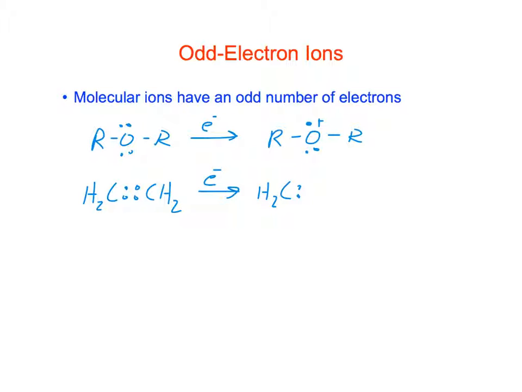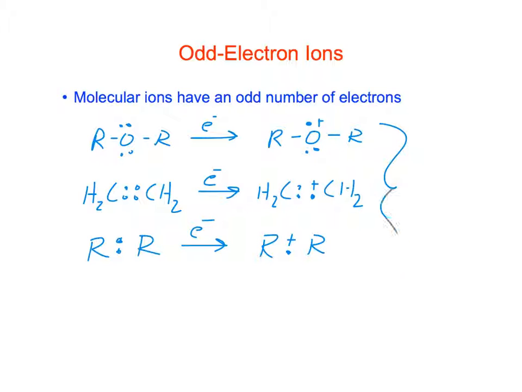We can also lose electrons just from sigma bonds, but this is a higher energy process. So if we just have some sigma bond between two alkyl groups, we can generate it like this. Notice that in this case, all of these are odd electron ions.